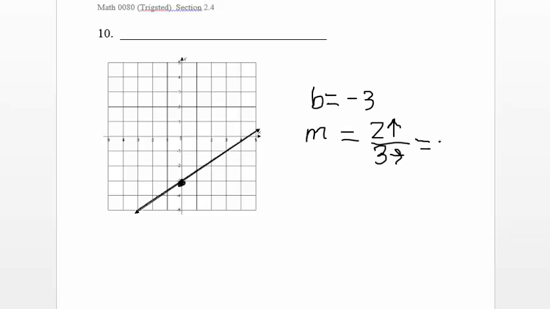Both of these are positive movements, so the slope is positive 2/3. So my line equation is y equals 2/3 x minus 3.